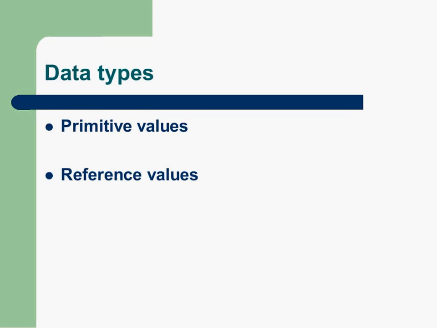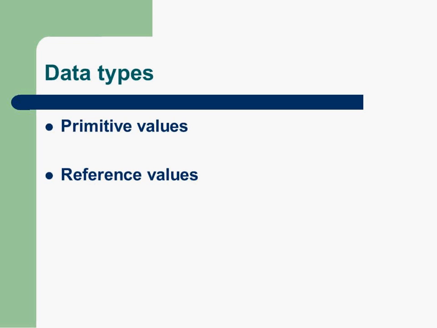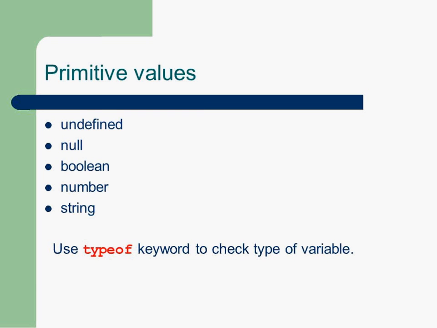Let's try to understand the data type concept in JavaScript. There are two types of data types. One is primitive types, which have a fixed set of memory space. These are the primitive data types: undefined, null, boolean, number, and string.